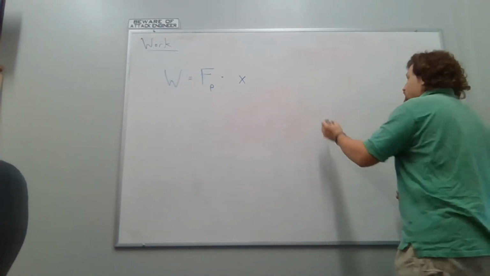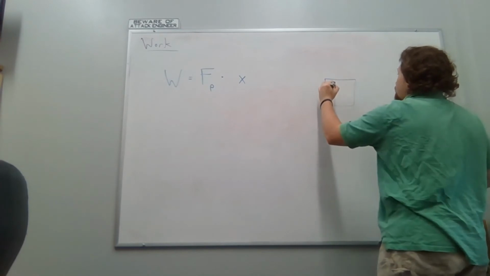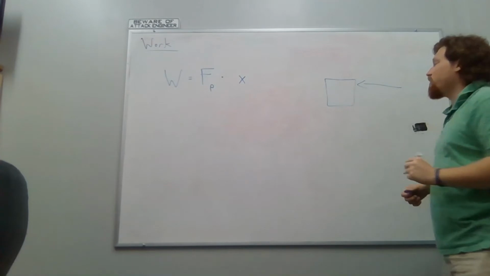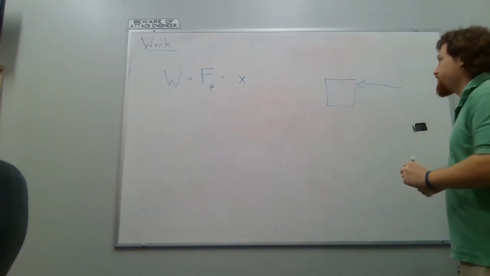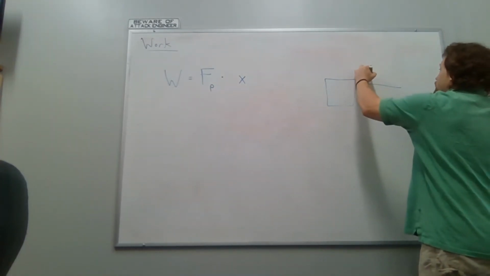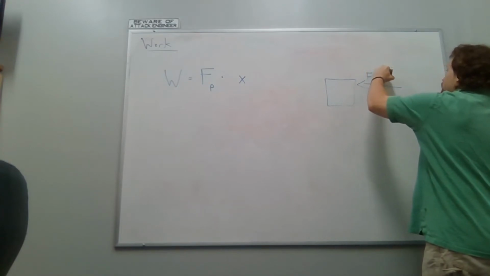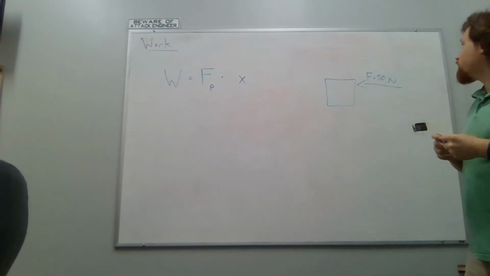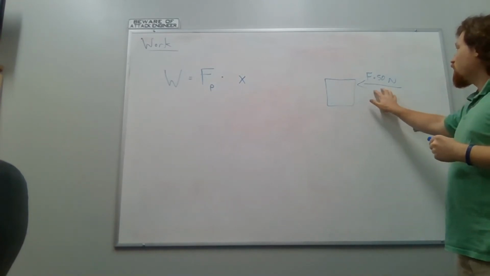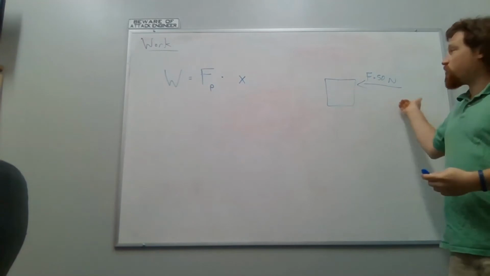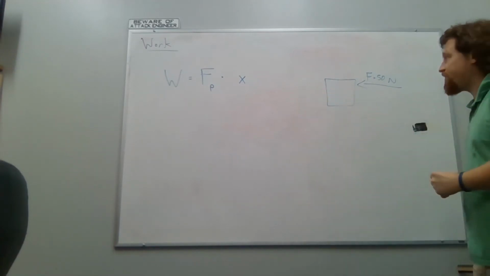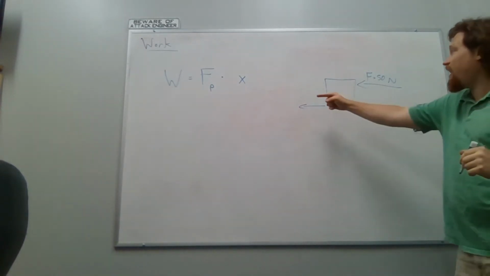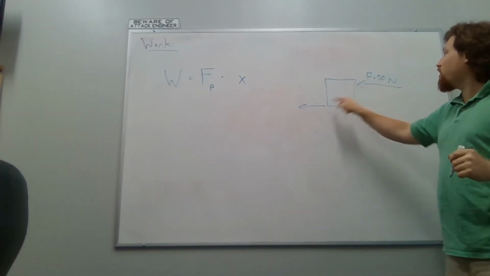So, let's say I have a box and I am going to exert a force on it in the horizontal axis. So this arrow here represents an applied force of 50 newtons. If I was pushing this box to the left and the box begins moving towards the left, these two arrows are parallel.